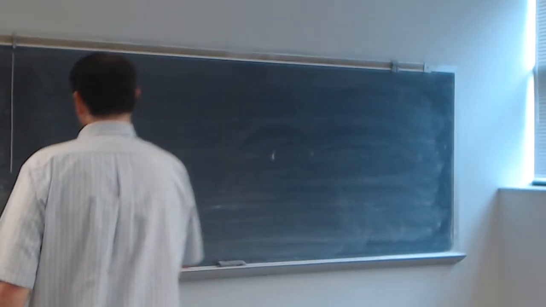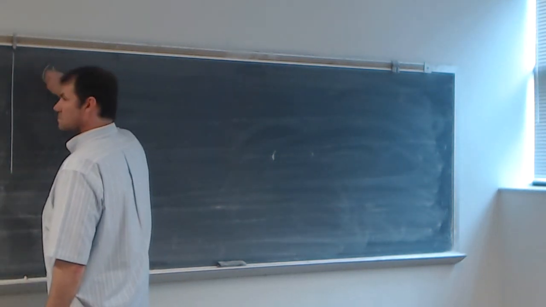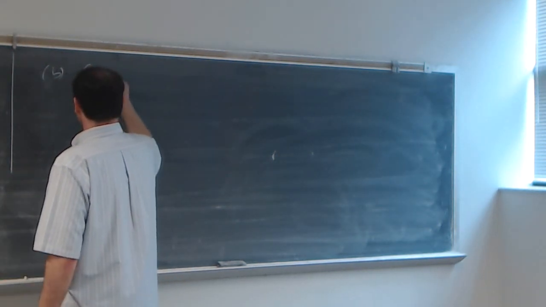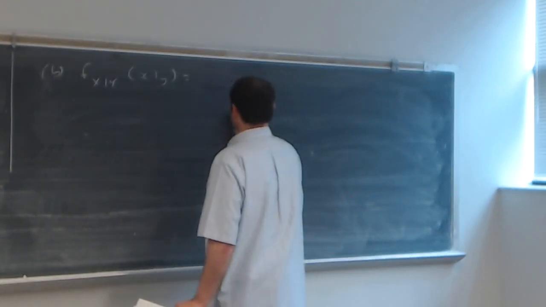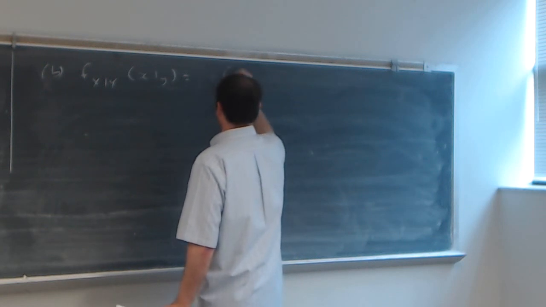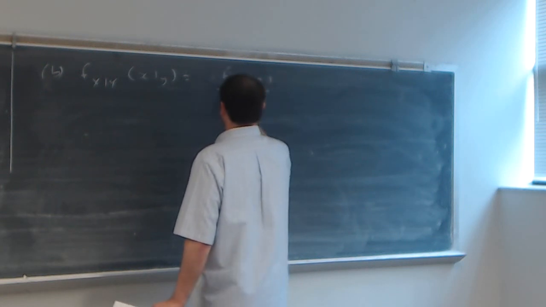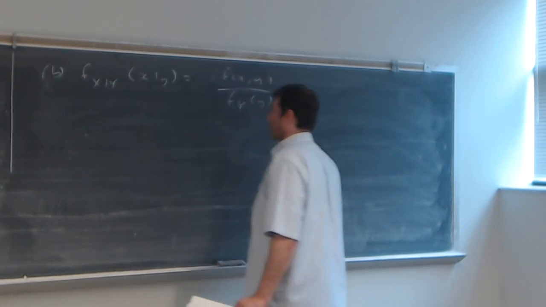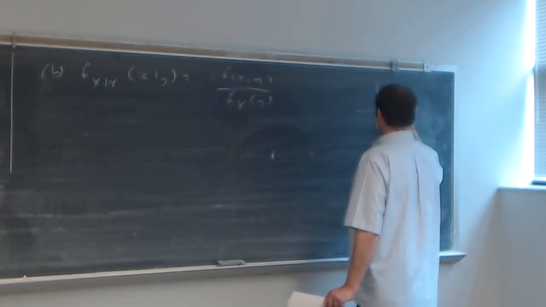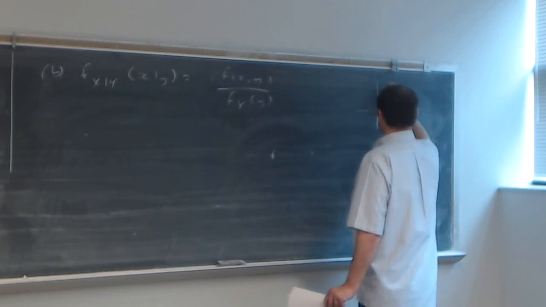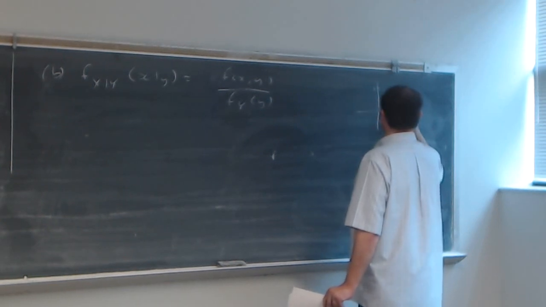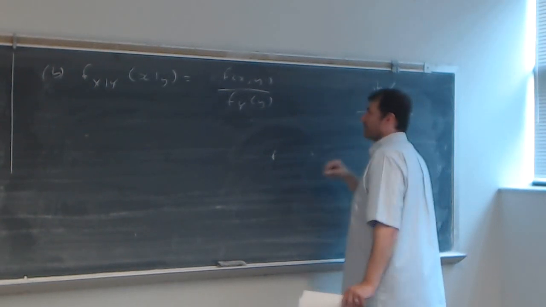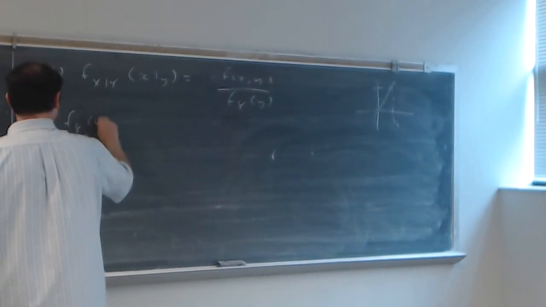For part B, we're finding f sub x given y of x given y. And what that's defined to be is f of x comma y over f sub y of y. So again, we've got the same picture here. So to find f sub y of y, that's the integral over the x values.